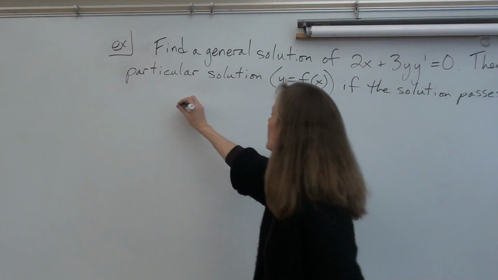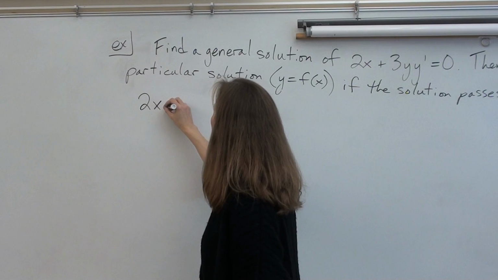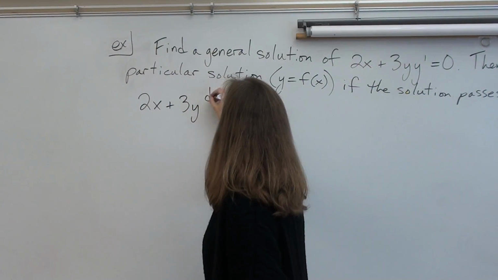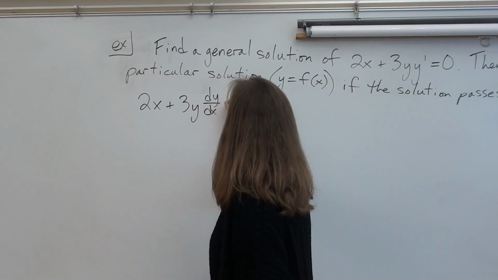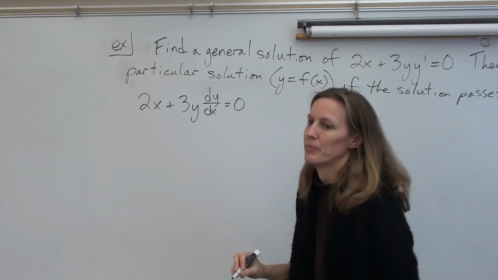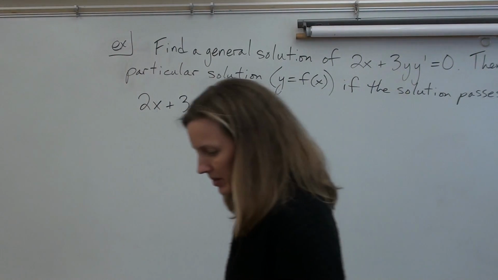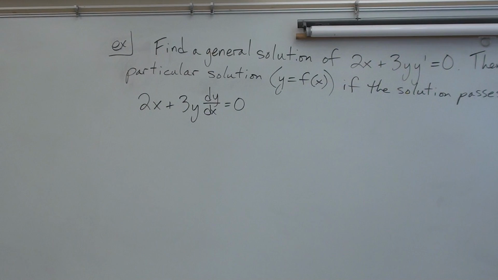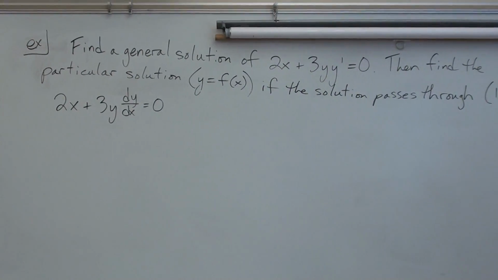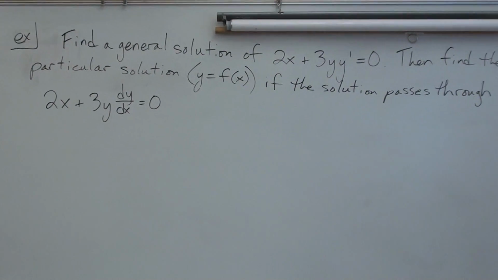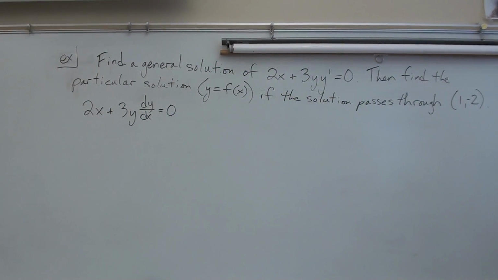We have 2x plus 3y dy/dx equals 0. We need to get the y's on one side and the x's on the other. Oh, I didn't have the screen so people could see the whole problem. There.